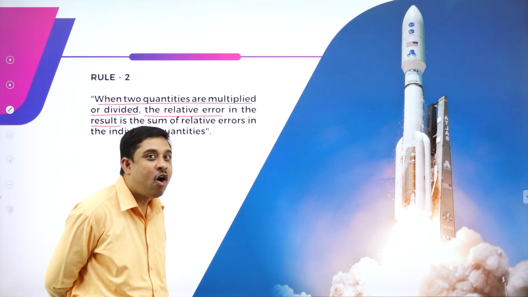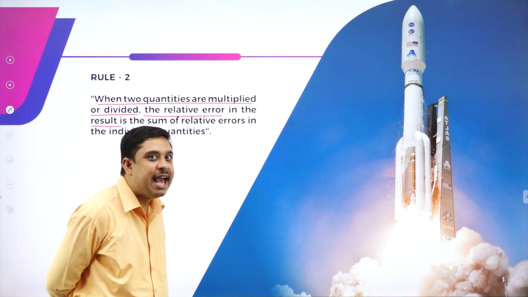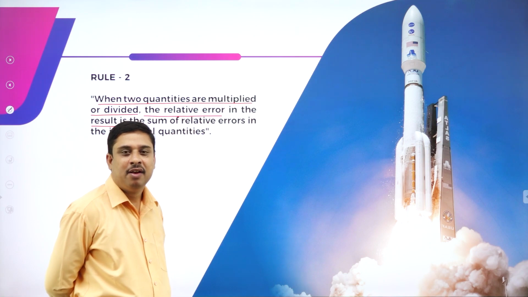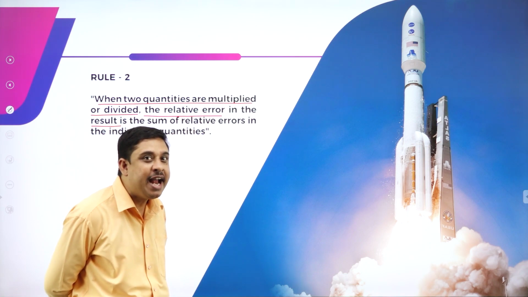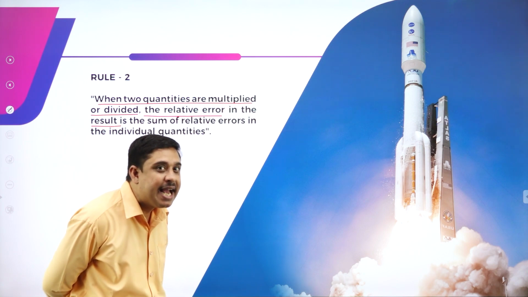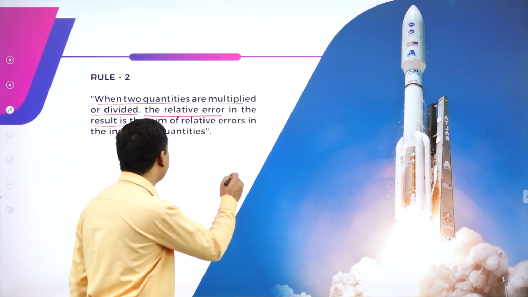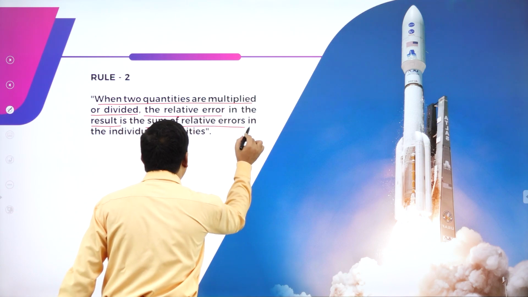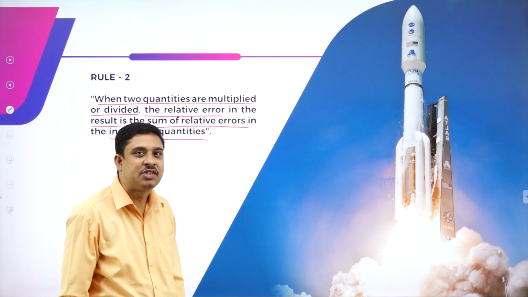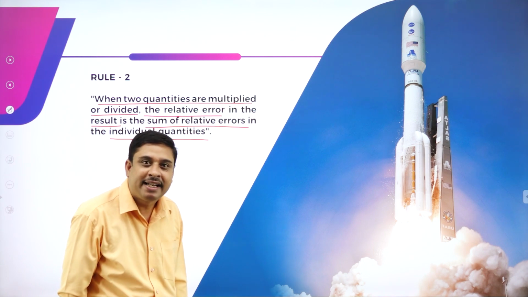When you add or subtract, the error was called absolute error. When you multiply or divide, it is called relative error.